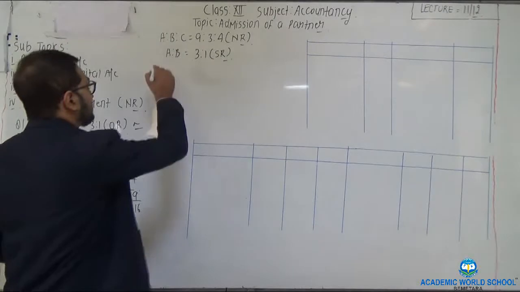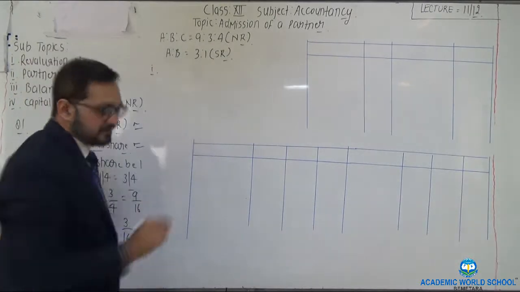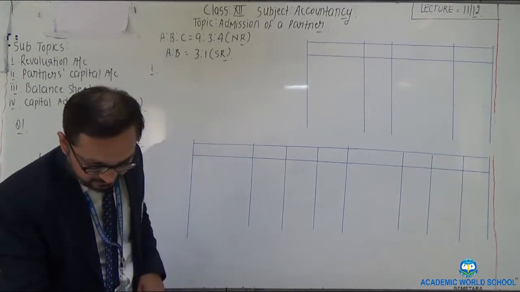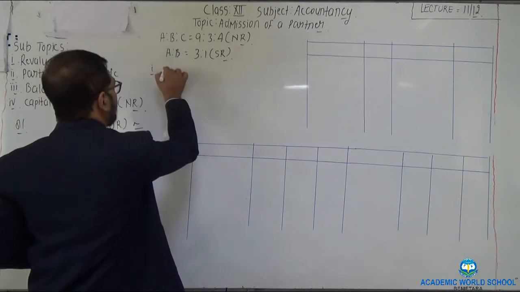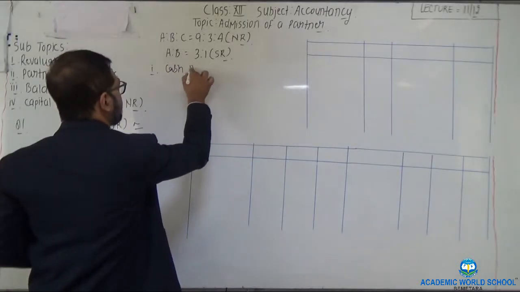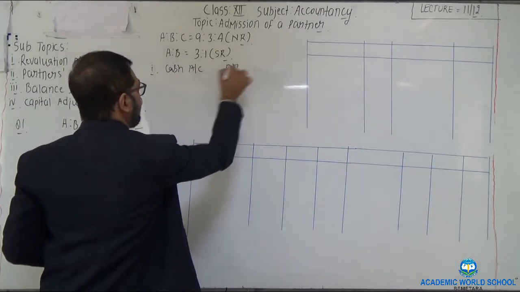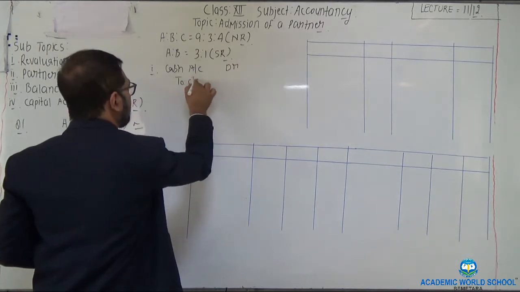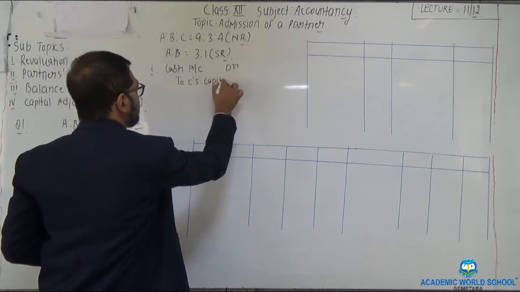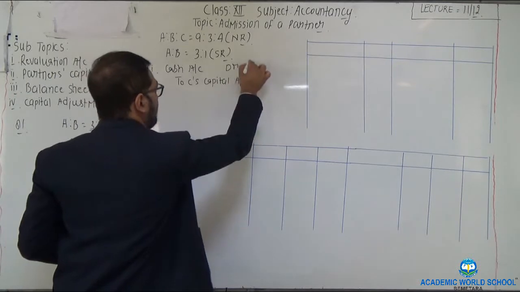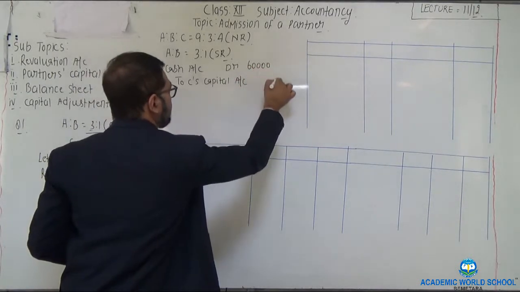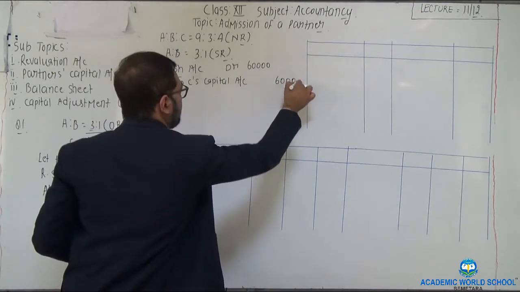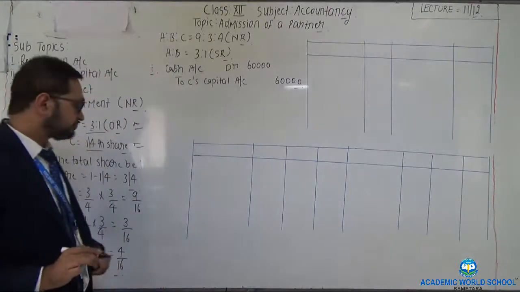After that, C brings rupees 60,000 as his capital. So one journal entry can easily be passed, that is cash account debit to C's capital account, amount being 60,000. Clear?